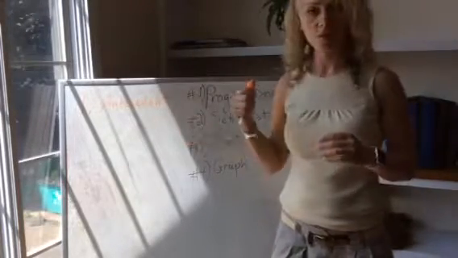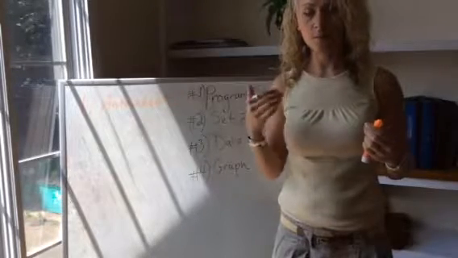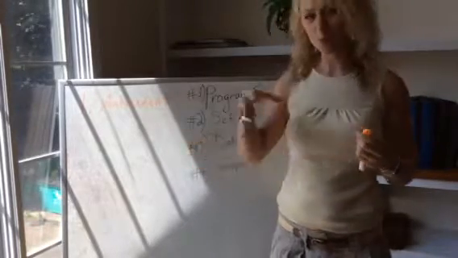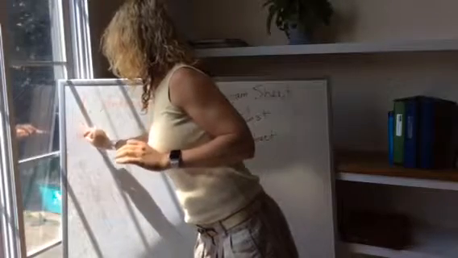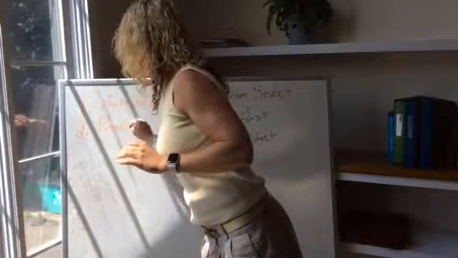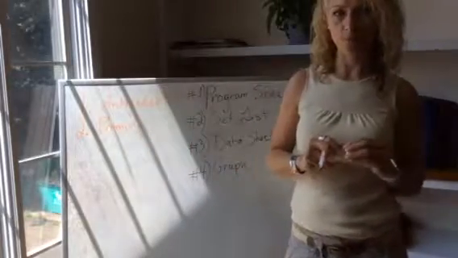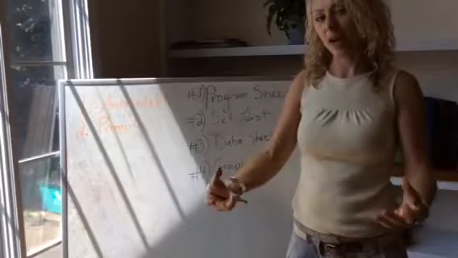Okay, so as we know, an antecedent is the first part of something. It happens right before, right? Then we've got, secondly, the prompt, or the instruction, the direction given.